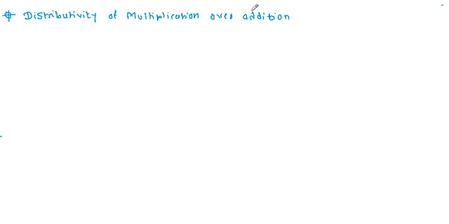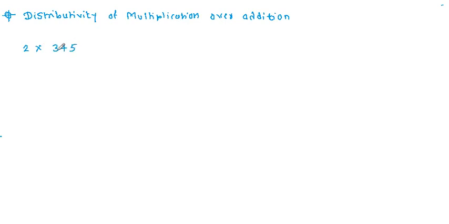Now we will learn what is distributive property of multiplication over addition. What is the name of the property? Distributivity of multiplication over addition. So let's learn this property by an example. So 2 into 3 plus 5.